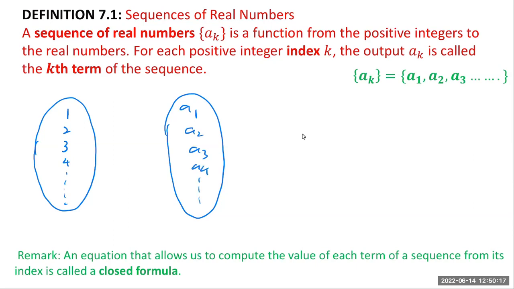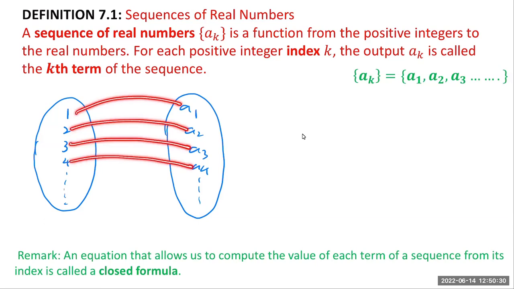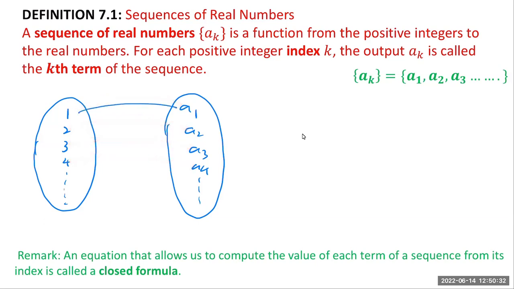In this map, the positive integer 1 goes to a_1, the positive integer 2 goes to a_2, 3 goes to a_3, 4 goes to a_4.